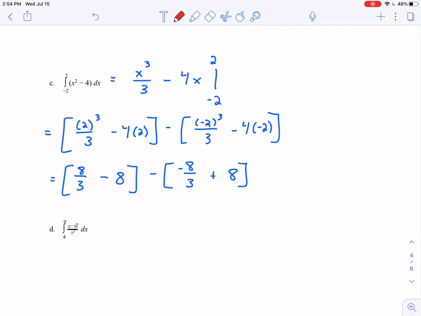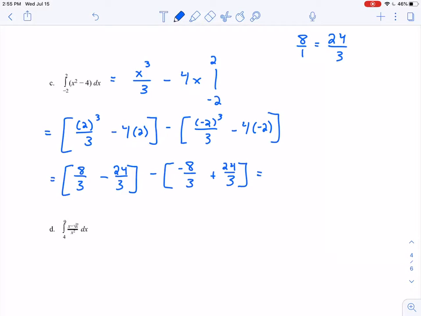Let's see, I don't really want to simplify each of these separately. Well, yeah, sure, let's do it. Let's see, I've got 8 over 3. If I wanted to find a common denominator, 8 is really 8 over 1, that's really the same as 24 divided by 3. So I'm going to take out this 8 over 1 and this 8, and we'll replace it with 24 over 3 and 24 over 3.